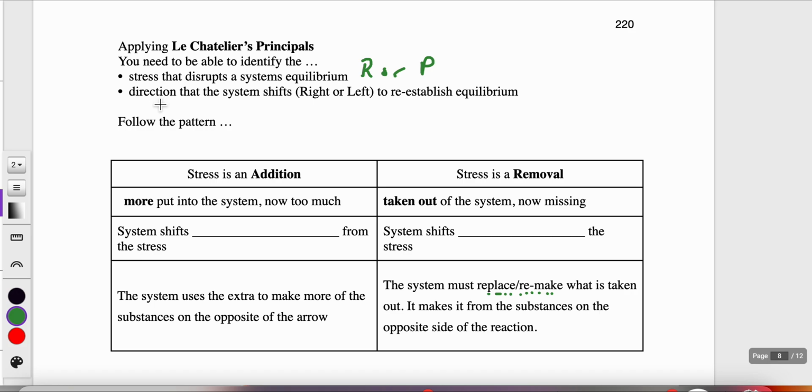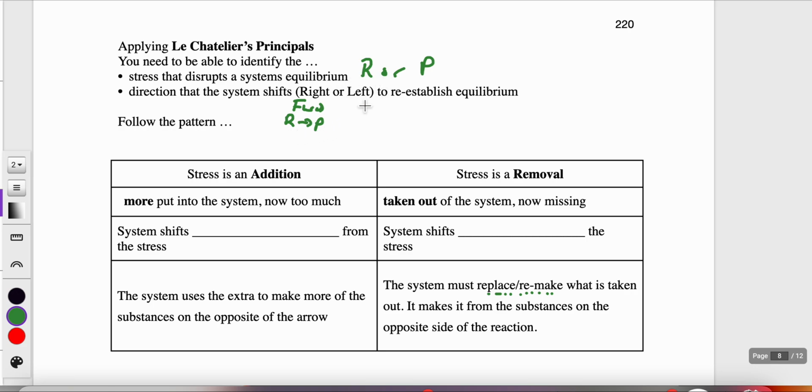And then determine the direction that the system will shift. If the system shifts to the right, that means it favors the forward reaction, where the reactants are making more of the products. The forward reaction is favored.